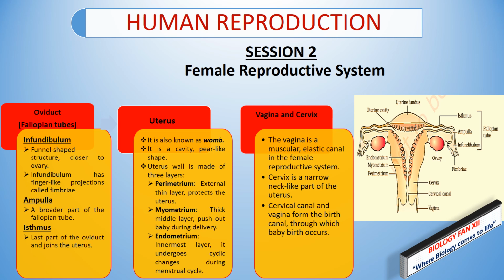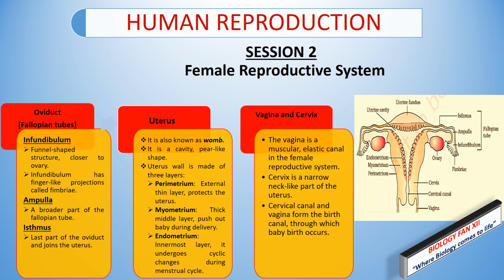The infundibulum connects to a broader part of the oviduct, known as the ampulla, and the last part of the oviduct is the isthmus, which has a narrow lumen and joins the uterus. So these are the three parts of the oviduct.